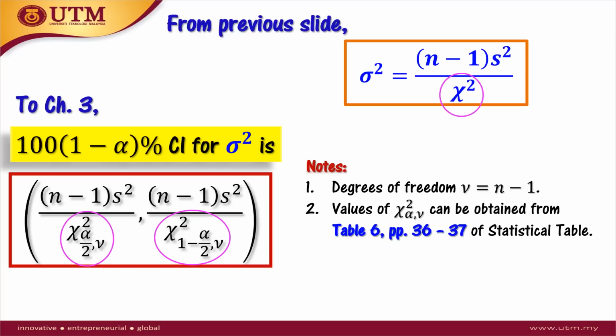The values of chi squared alpha nu can be obtained from Table 6 in pages 36 to 37 of the statistical table and formula booklet.